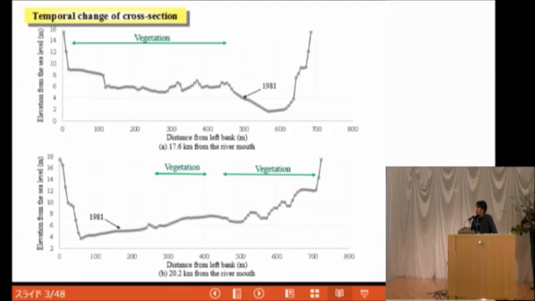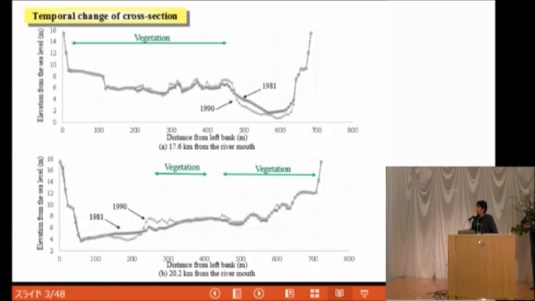And this is a cross-section of the Yoshino River at 70.6 kilometers and 20.2 kilometers. In 1981, the cross-section shape is very mild. However, after 9 years, sediment deposits in the vegetated area and the bed degrades in the main channel.